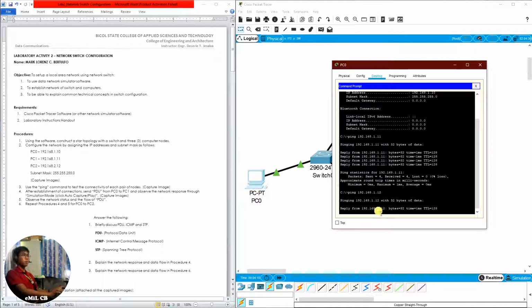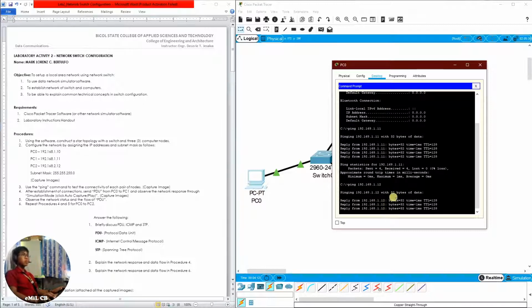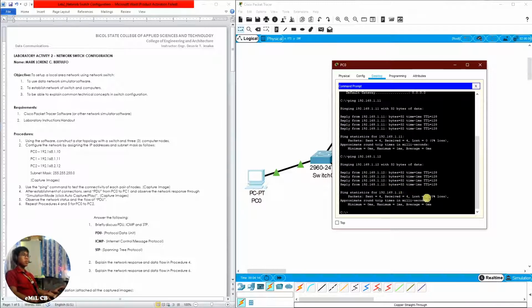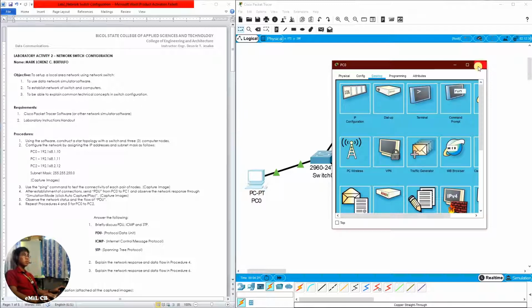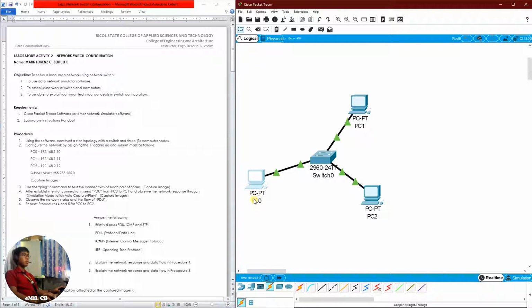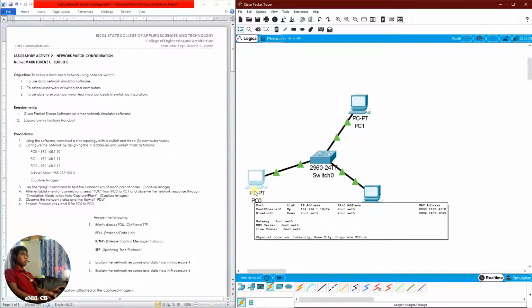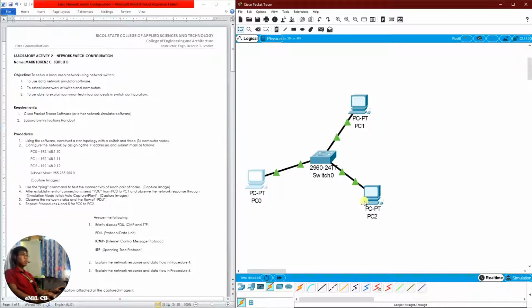So that's enough. We have seen that the connectivity of PC0 to PC1 and PC2 is good.